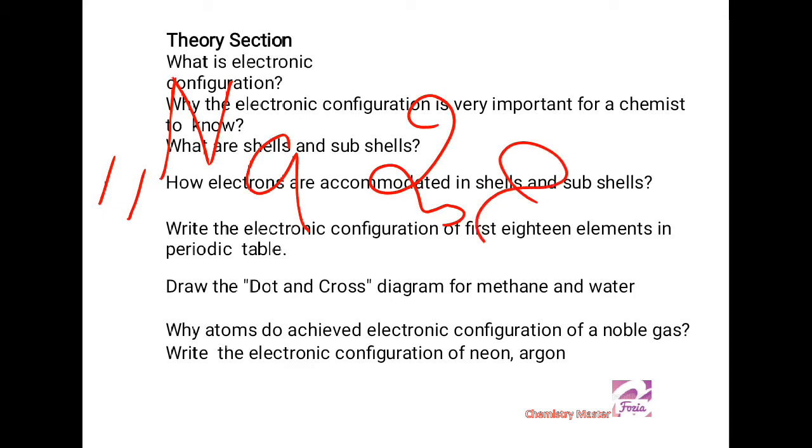The second shell will accommodate 8 electrons. Now I have just one more electron to be accommodated, and that is going to be placed in the third shell or third orbit. So this is how you will practice, one by one, electronic configuration till 18.